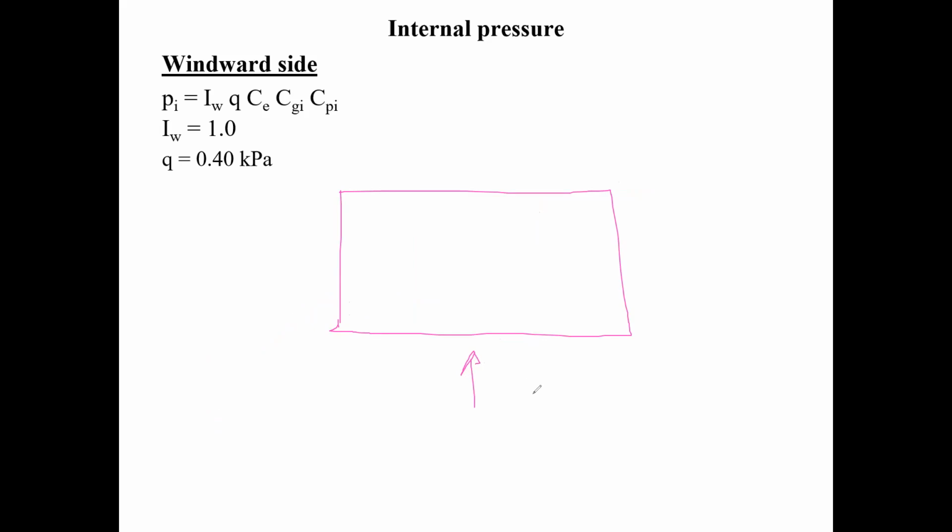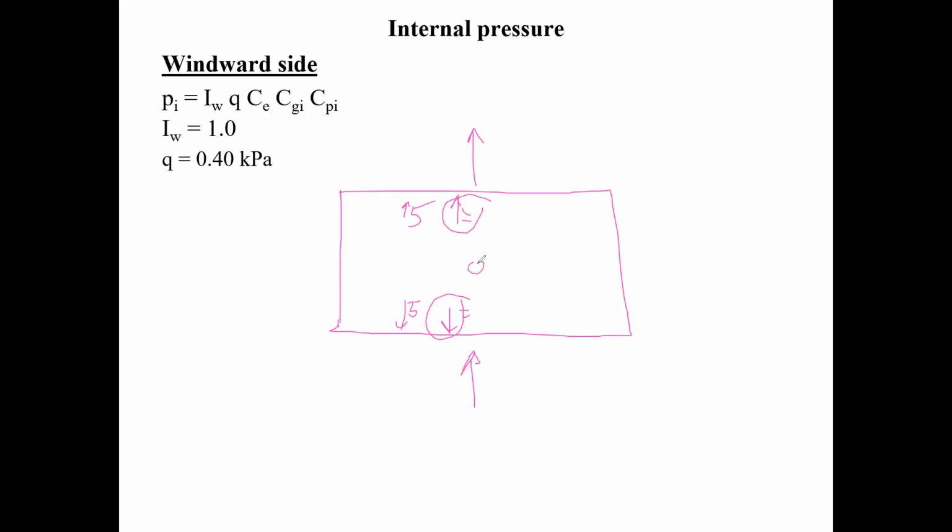And the reason why we don't worry about the internal ones here is because when you look at the primary structure, this one goes this way and this one goes this way. These are equal. So in terms of lateral loads, what do these two do to each other? If this is 5 going this way and this is 5 going this way, what's going to be the net effect on the structure?